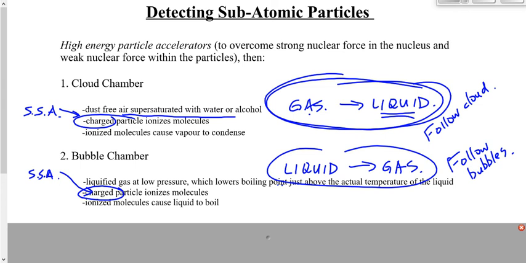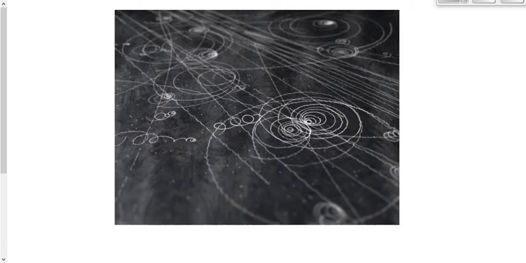Now, realistically, what we do here is add a magnetic field, add an electric field, change the magnitude of the electric field and the magnetic field, change the direction of it, manipulate all types of things to try to change where these sub-subatomic particles or quarks go. We end up getting patterns that might look something like this.